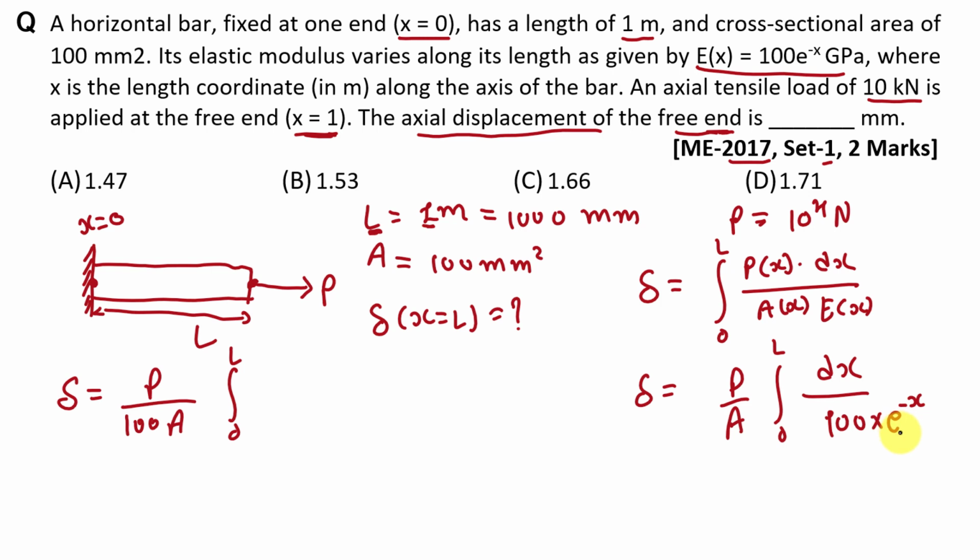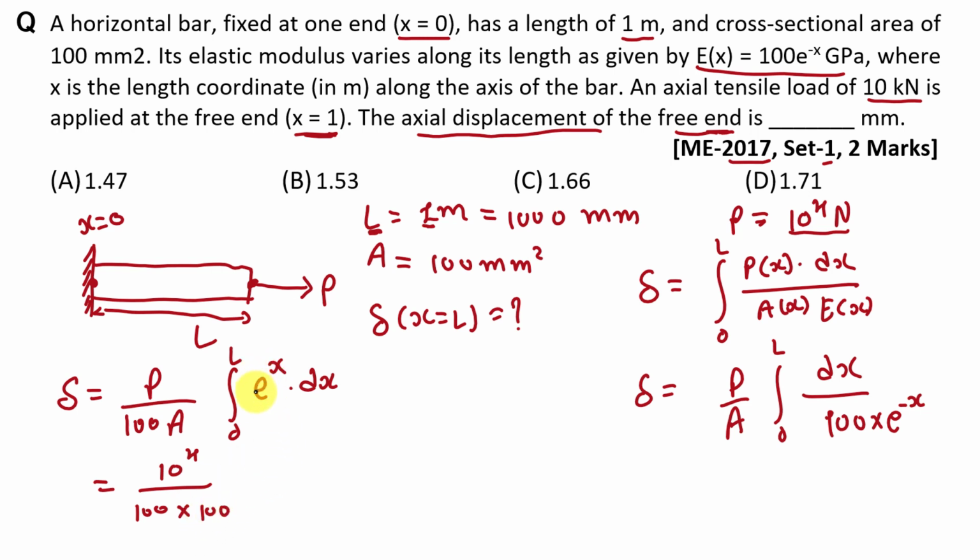And here if we take this e raised to minus x in the numerator, then it will be e raised to x into dx, right? So it will be P, that is given as 10 kilonewton, means it is 10 raised to 4 Newton, divided by 100 into area. So it is 100 into area, which is 100 mm square.